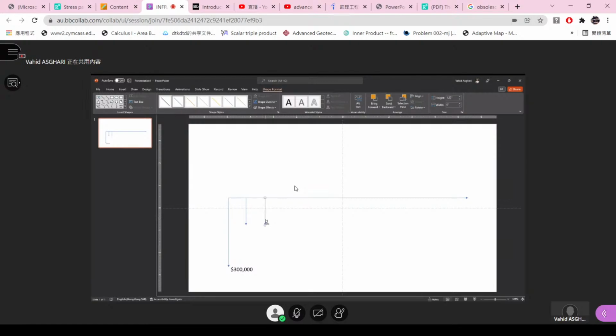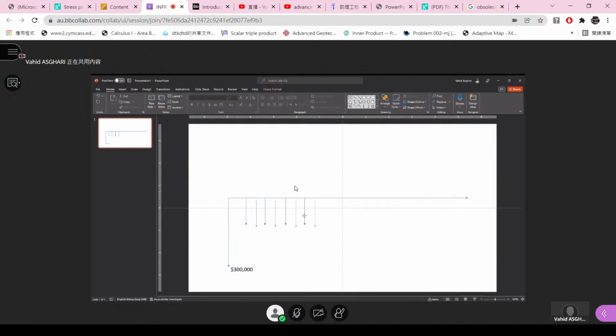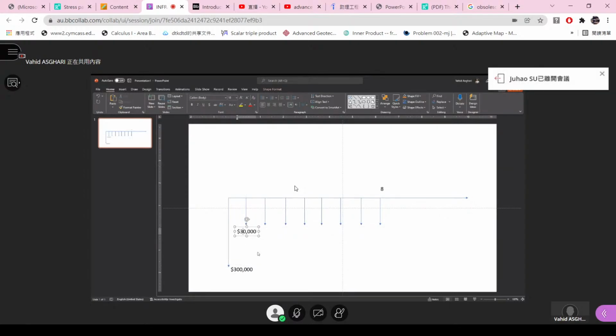Okay, then let's draw the costs here. This is for 8 years, and the costs will be 60,000.